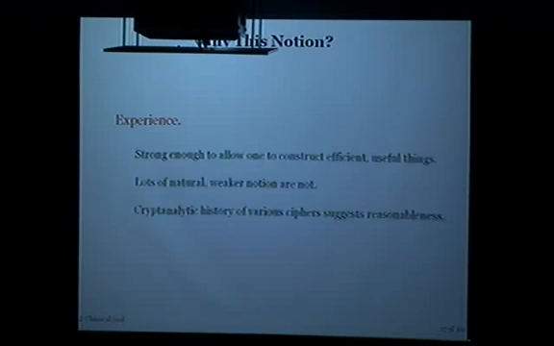The answer as to why we like this PRP notion, or the strong PRP notion, is basically a lot of experience. If we use this notion, we're going to be able to construct efficient and useful things. And if I use something like the notion I just described, either of them, can't recover the key or can't predict the next message, it will not be easy, or maybe not even possible, to construct efficient and correct schemes. For example, that can't recover the key notion is definitely way off.